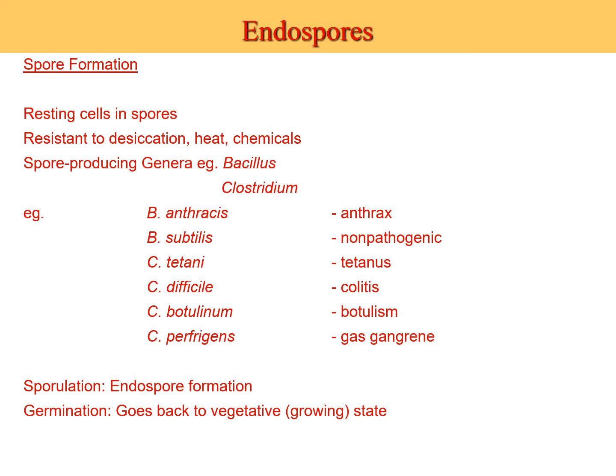Now, there are two important genera. Genera is the plural for genus. So there are two important genera that can produce spores. One is called Bacillus, and the other one is called Clostridium.